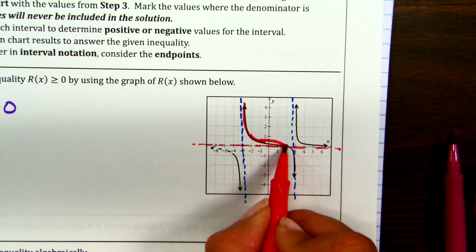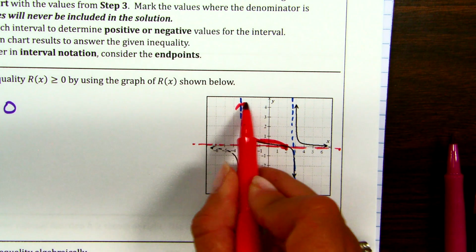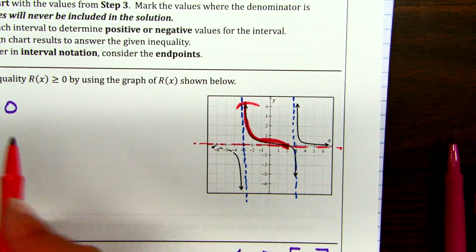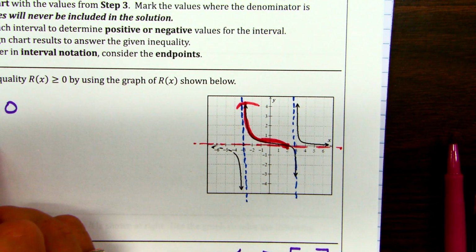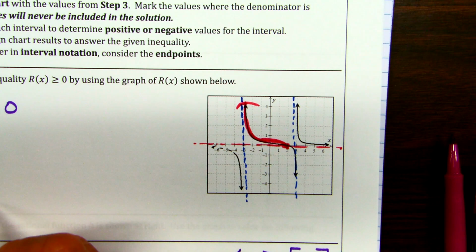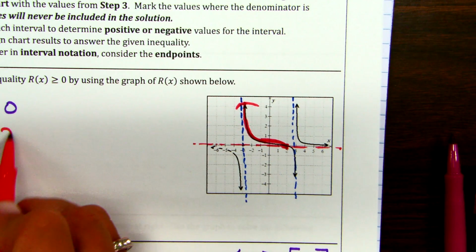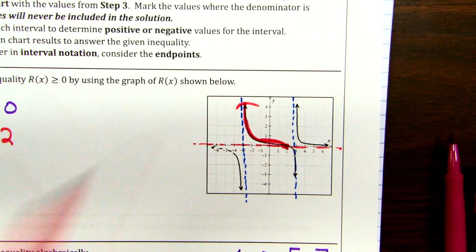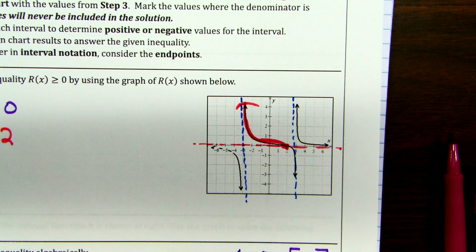That's equal to 0 right there. And all of the rest of it is greater than 0. What is keeping us from going to the left is that -3. So from -3 to 2 is the first interval of the x-axis that we are above or equal to 0.